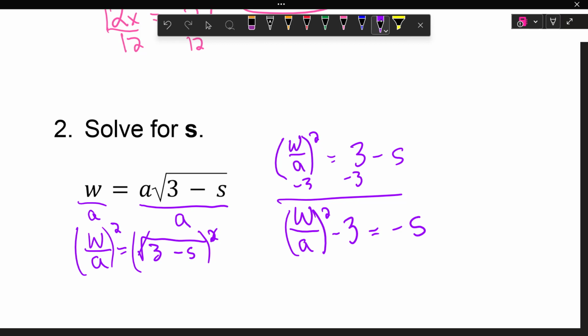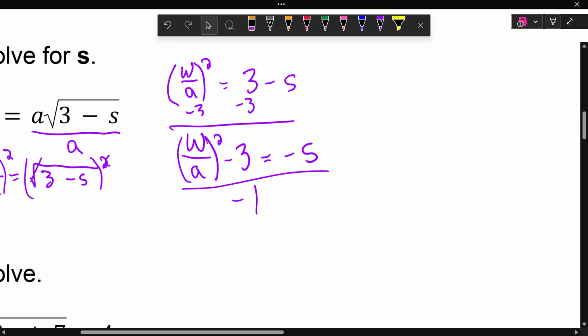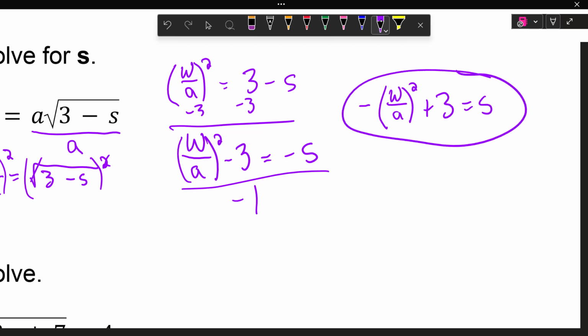I don't care what negative s is. I want to know positive s. So really, we divide by negative 1, and all that does is flip the signs of everything. So negative, in parentheses, (w over a) squared, plus 3 equals s. Just undo your operations till you get the variable that you're supposed to get by itself, by itself.